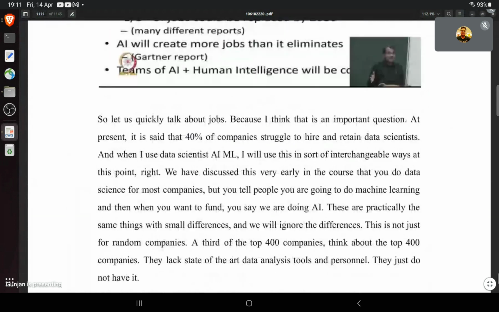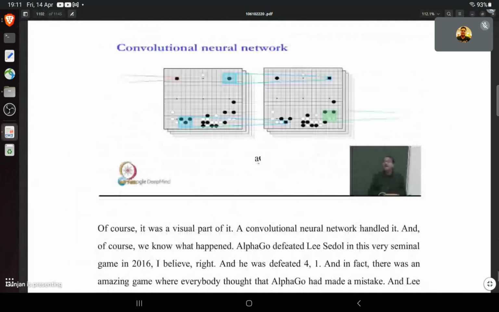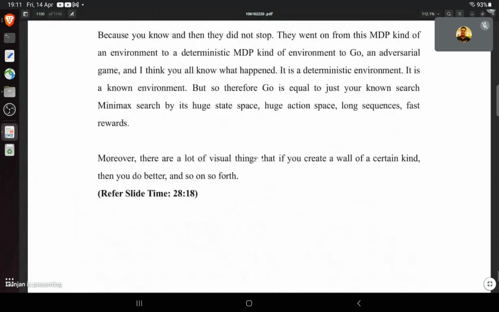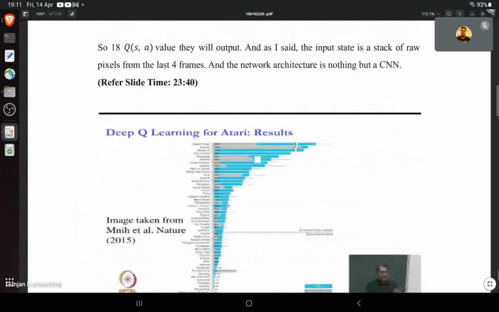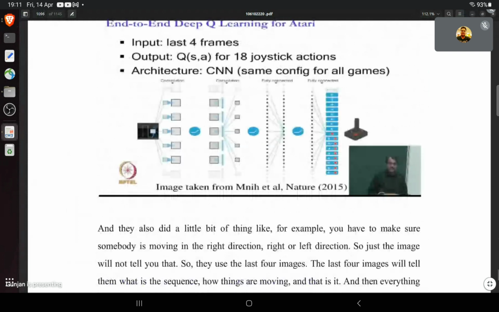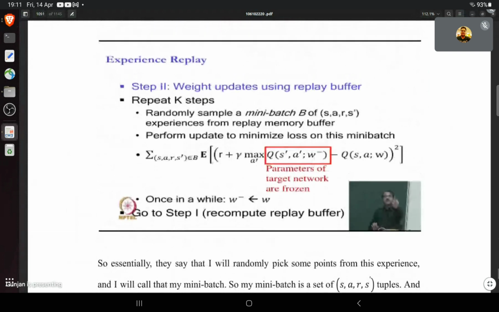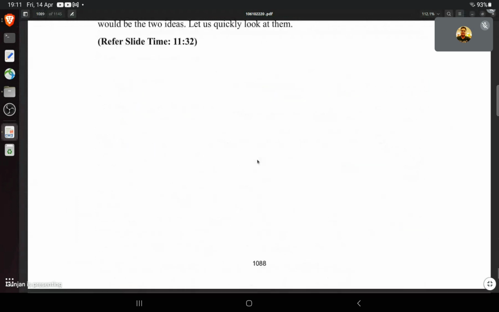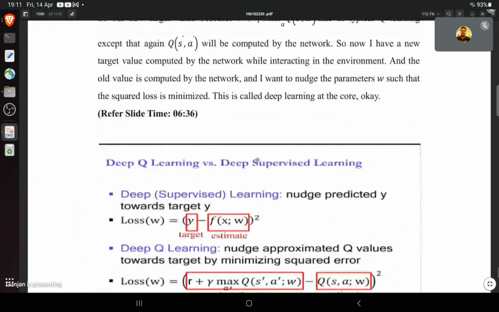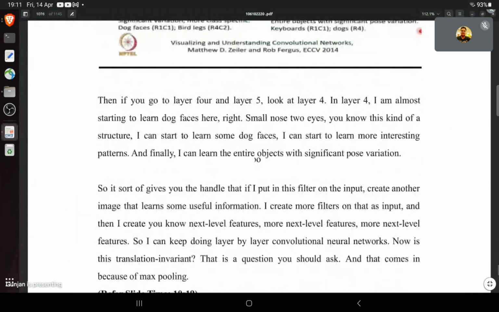Ethics of AI. Oh, no, I don't need to go there. Convolutional neural networks, CNN. So this is deep reinforcement learning. Okay, I don't want that.